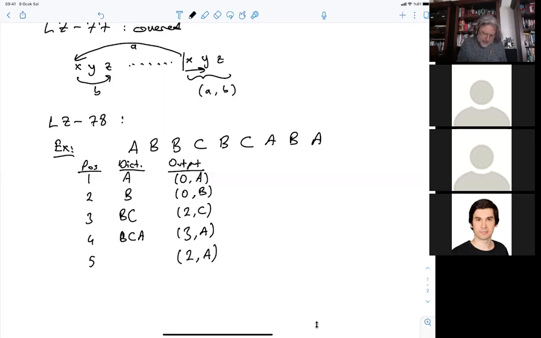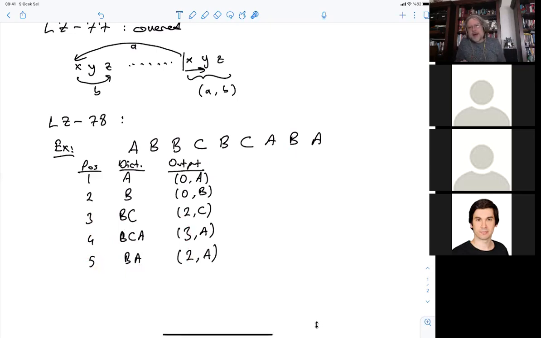And I have to include this now into the dictionary, BA it becomes. So as the dictionary is becoming more and more long and complicated, these entities start becoming longer, and their combined representations are just according to the position numbers, which are just 2, 3, etc.